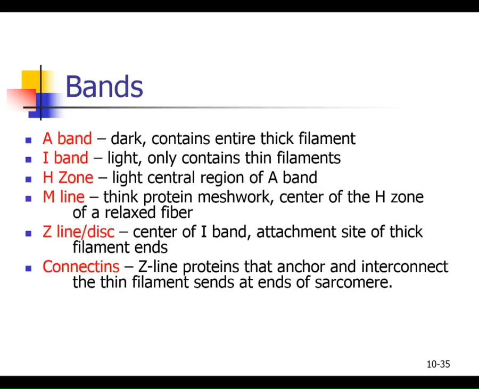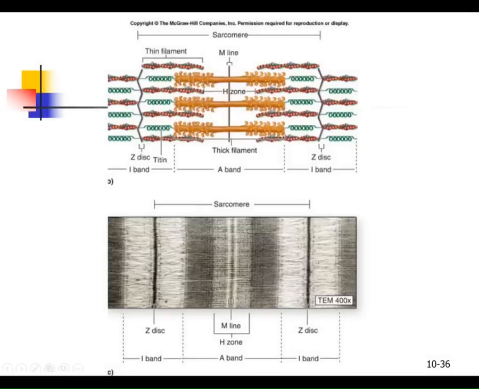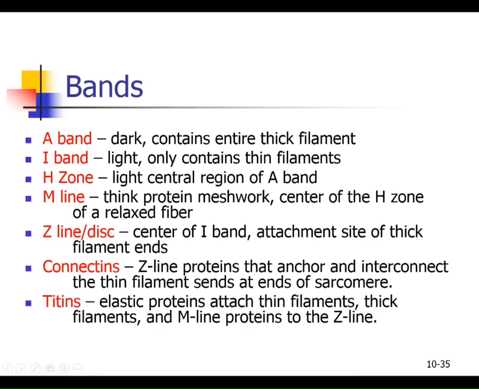So you can cross off connectins, titans, and H. I will come back and I will tell you about A, I, M, and Z. So A, I, M, and Z we'll talk about here in a moment.